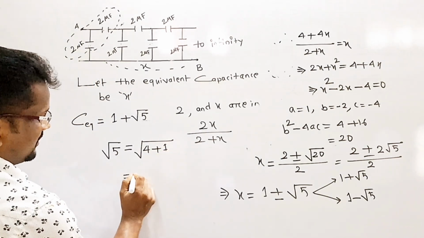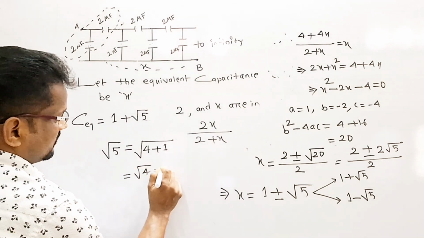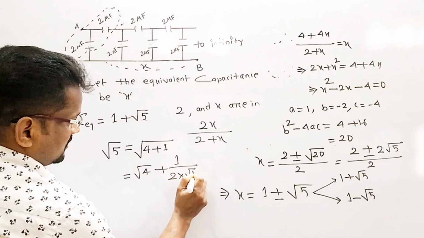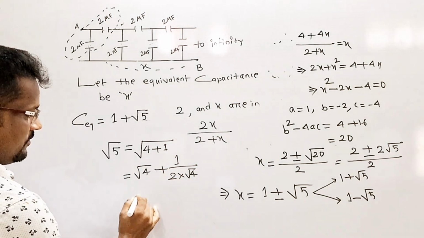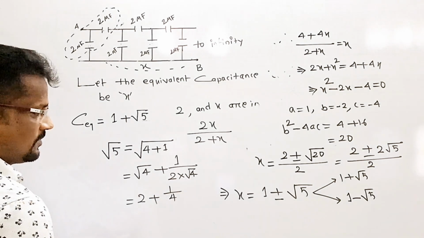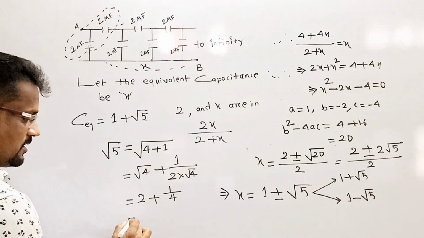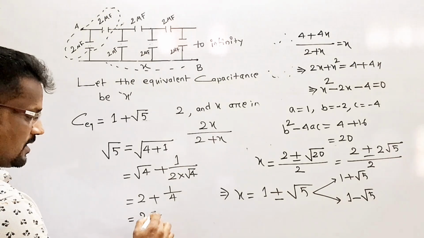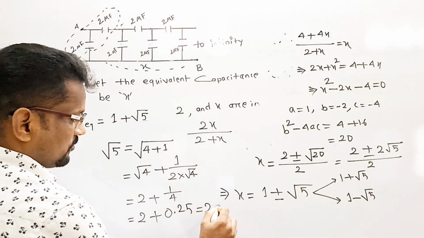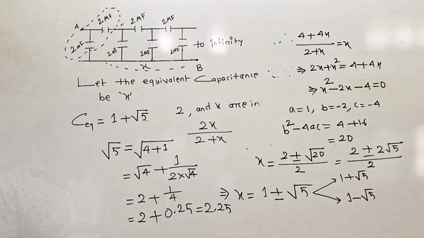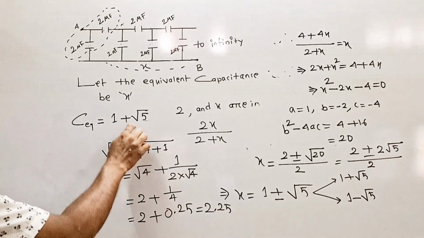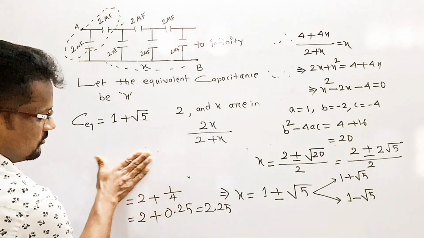Under root, directly take this, plus 1 by 2 into root 4. Root 4 is 2, plus 1 by 4. As you know, 1 by 4 is 0.25. That is nothing but 2.25. This is the value of root 5. Then in place of root 5, let us write 2.25.